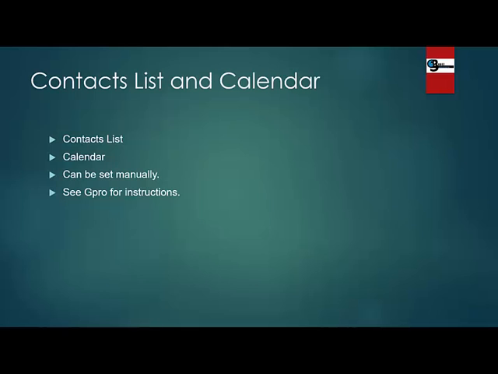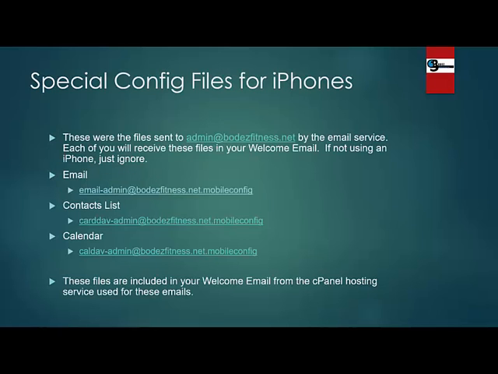So there's one for email, there's one for contacts list, and by the way, if you're wondering what card means, that refers to the old card from the Rolodex, and calendar. So these files can be used to set up on your iPhone your email, your contact list access, and your calendar access in your email itself.